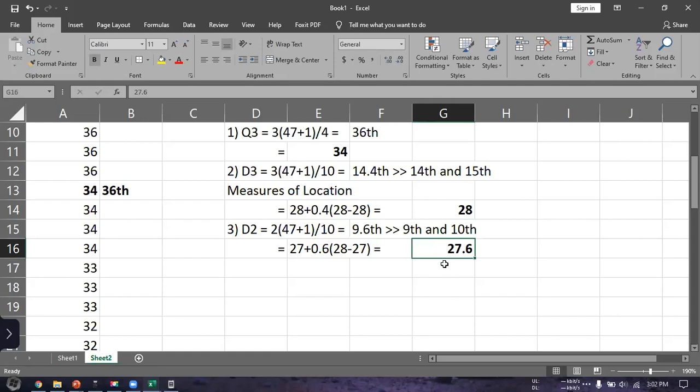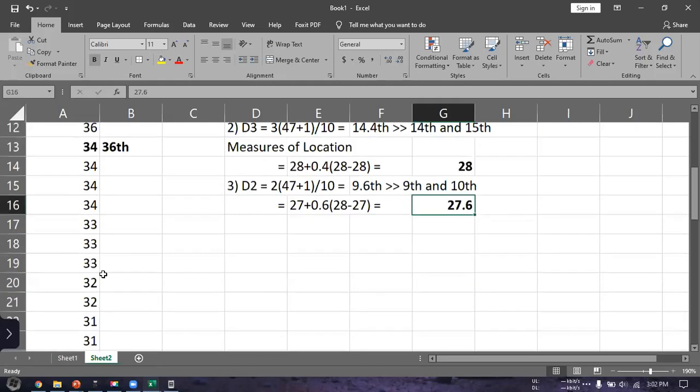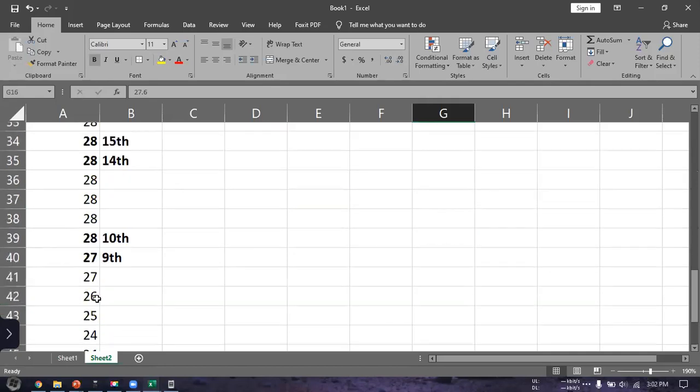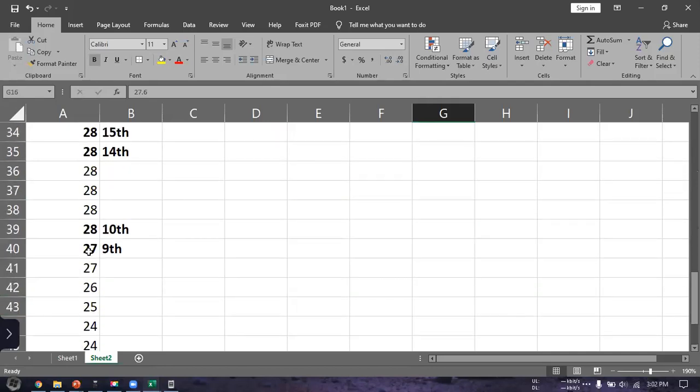So, possible that you could have a value that has a point. So, 27.6, right? Kasama si 27 sa lower.